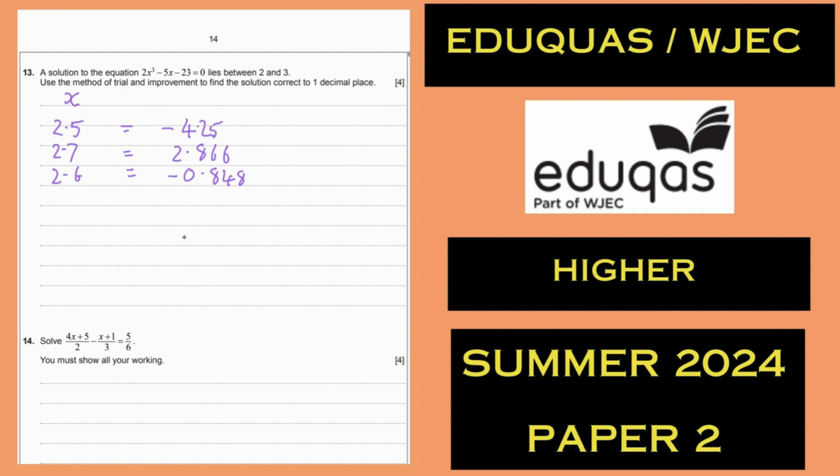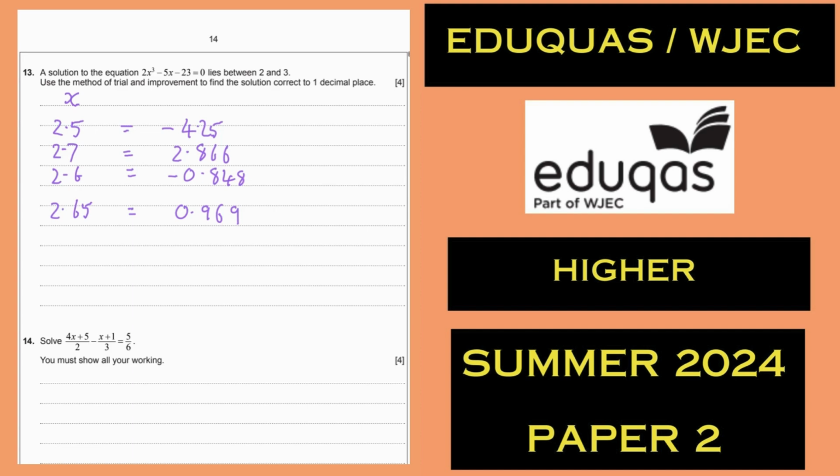We've got it between 2.6 and 2.7, so you chop it in half. 2.65 is an absolute must. You won't get full marks if you haven't attempted 2.65. Output, if you do it correctly on your calc, is 0.969-ish. Again, and so on. You can stop there. You don't need to do any more.